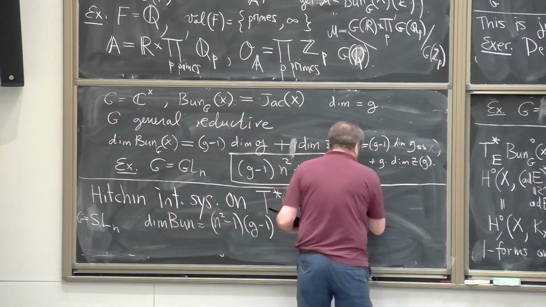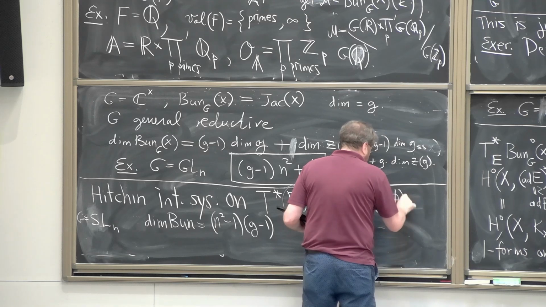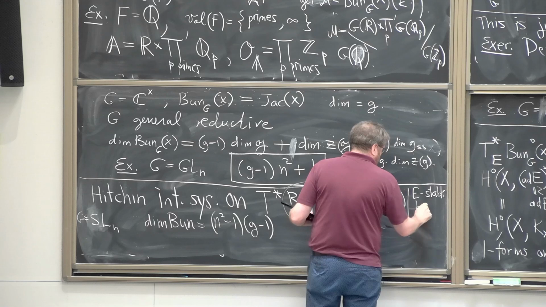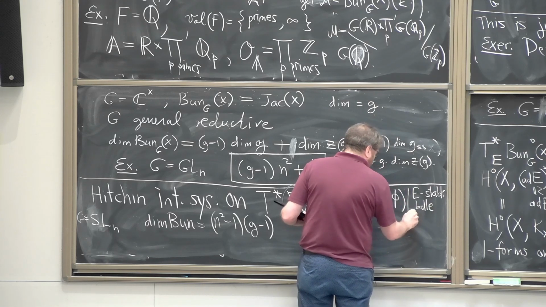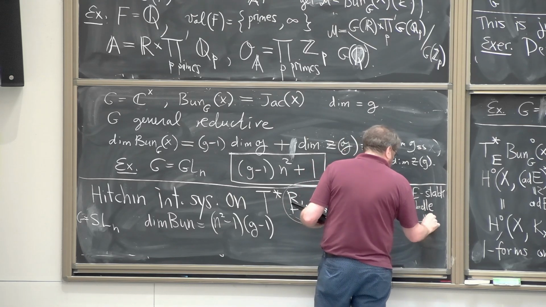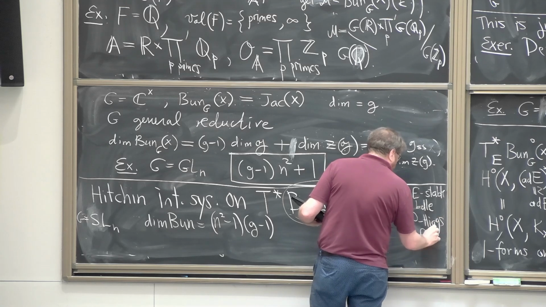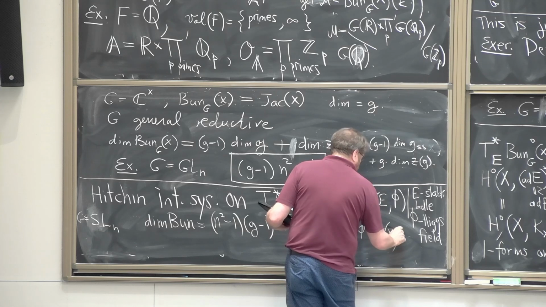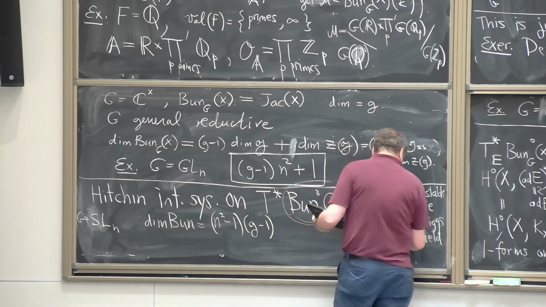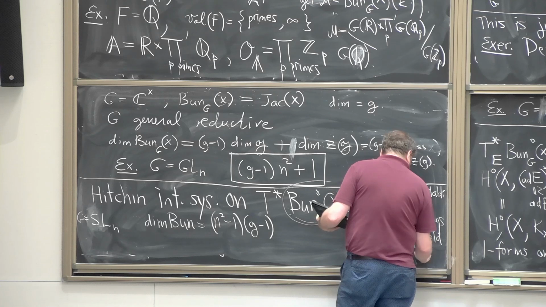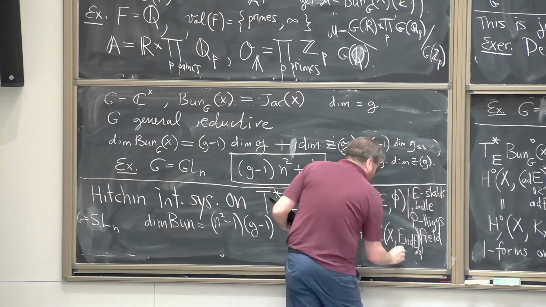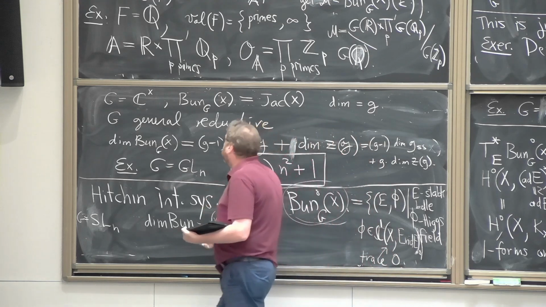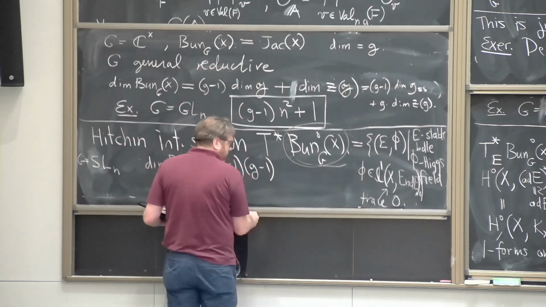This is a set of pairs (E, phi), where E is a stable bundle and phi is a Higgs field. So phi is a one-form on X with coefficients in endomorphisms of E, the trace 0 part. So this is for SLN or for PGLN. It doesn't really matter in this case.